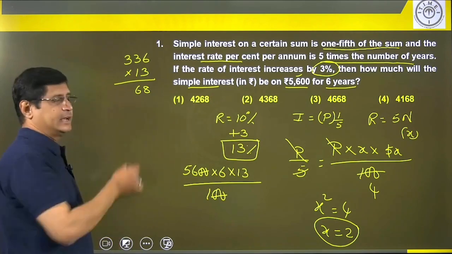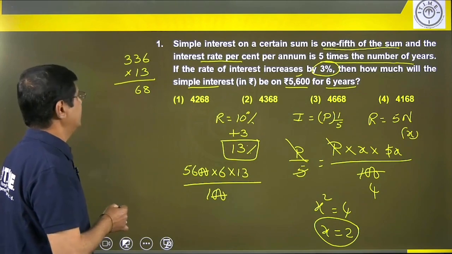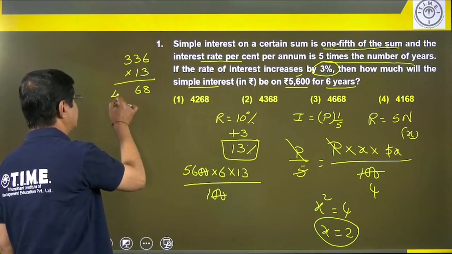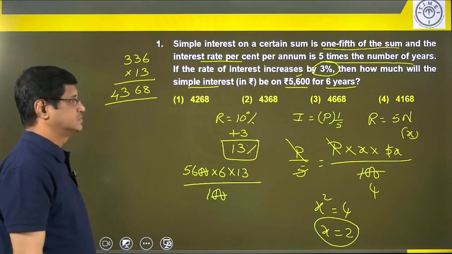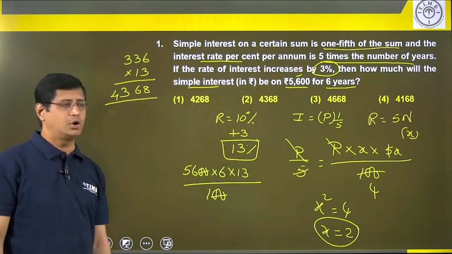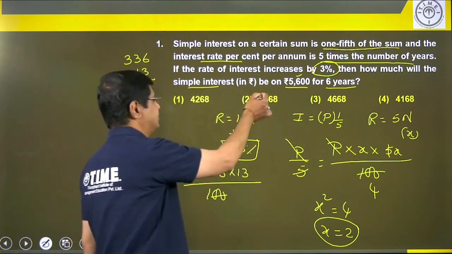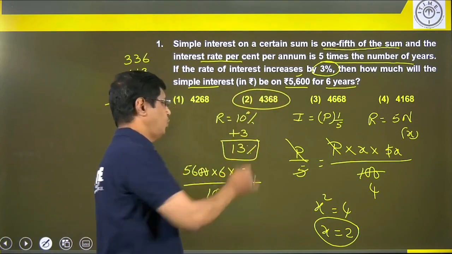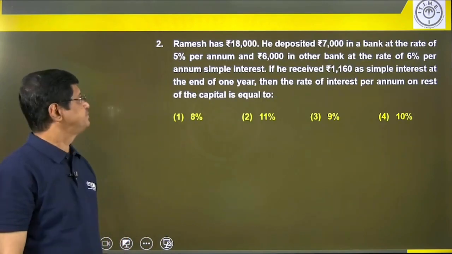Then 3 times 13 is 39 plus 4, that is 43. Now what is the value of interest? The value of interest is equal to 4,368. Answer choice 2, the second choice is the right option.